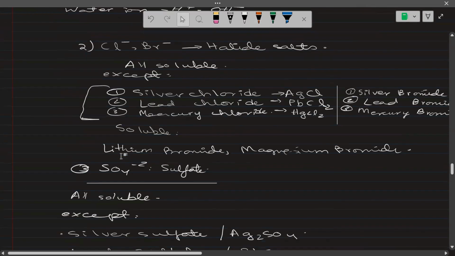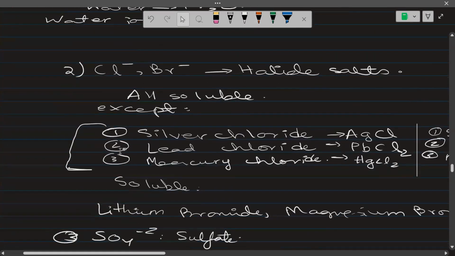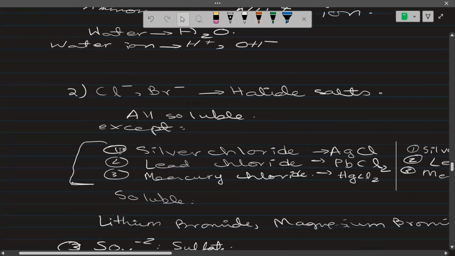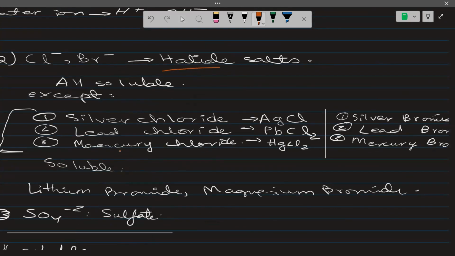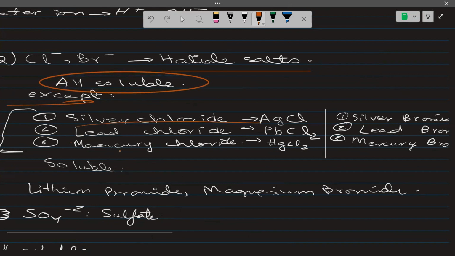Now let's come to the second rule, chloride and bromide. They are basically halide salts, and in this all are soluble, except silver chloride, lead chloride, and mercury chloride. Except these three, all are soluble.